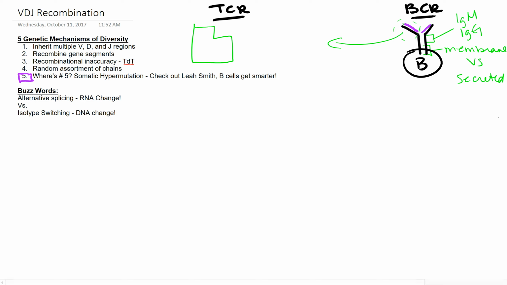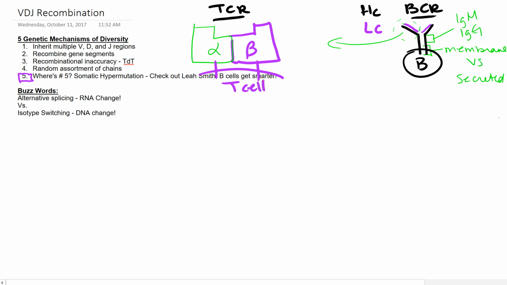With T-cells, we actually have an alpha chain and a beta chain. So that's what I'm drawing over here. Your alpha chain would be here, and your beta chain would be here, okay? And then they stick through the T-cell, right? Because they're always surface bound. So we don't have quite the same level of complexity in the structure of the T-cell receptor.